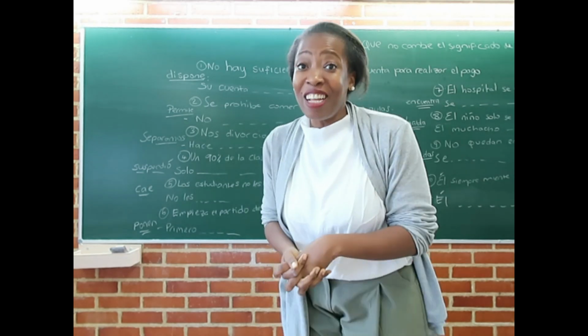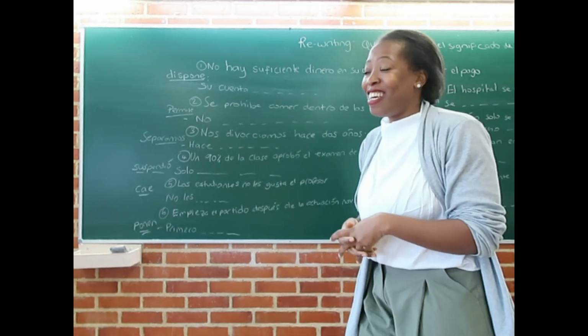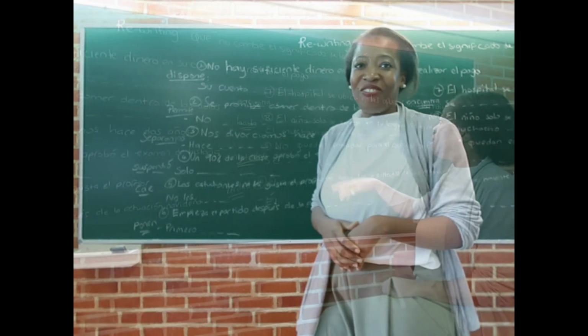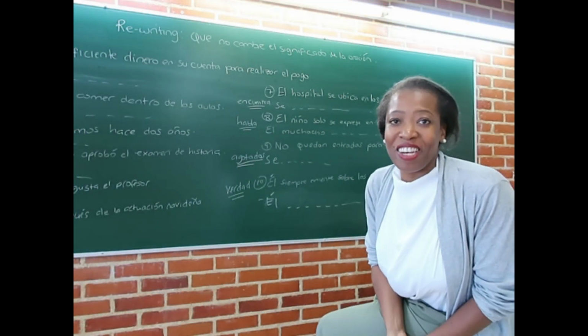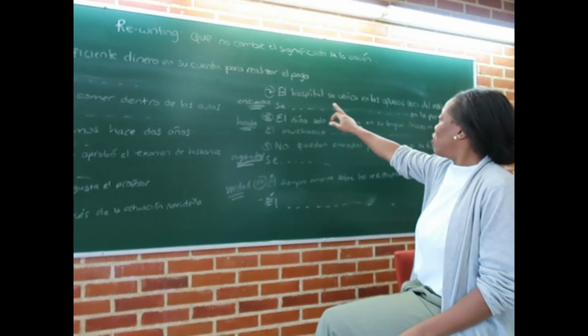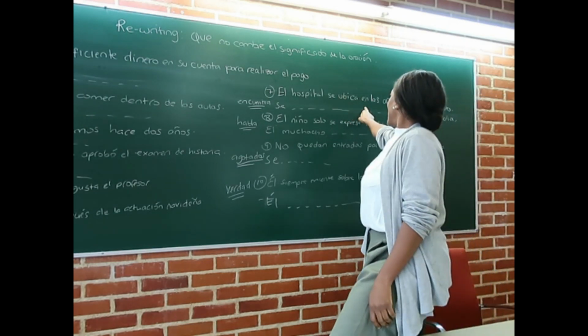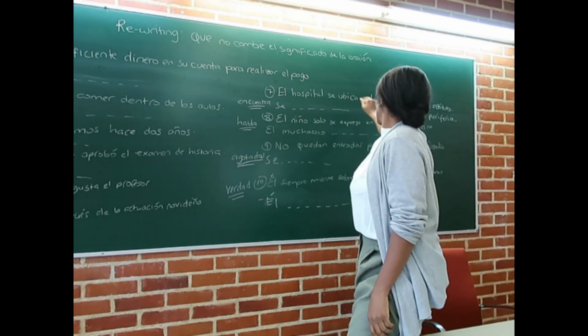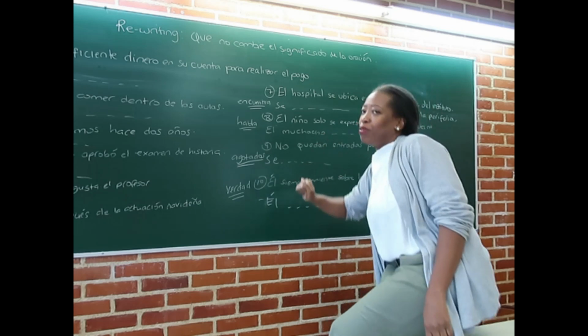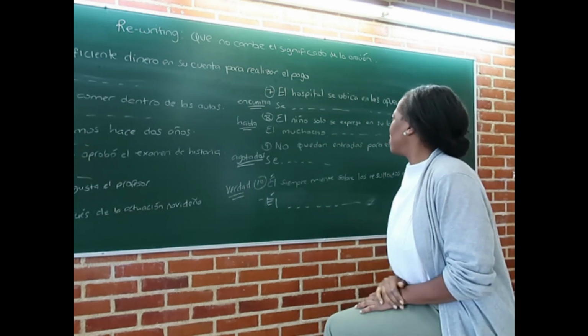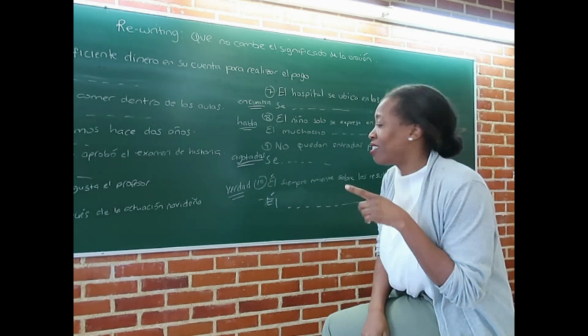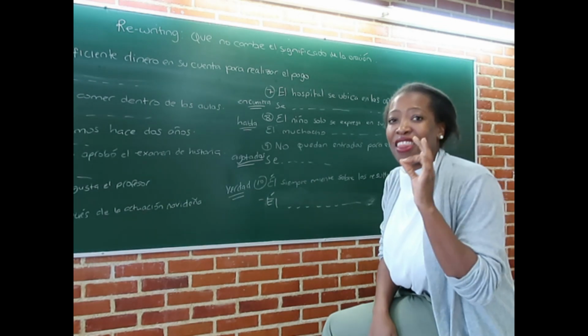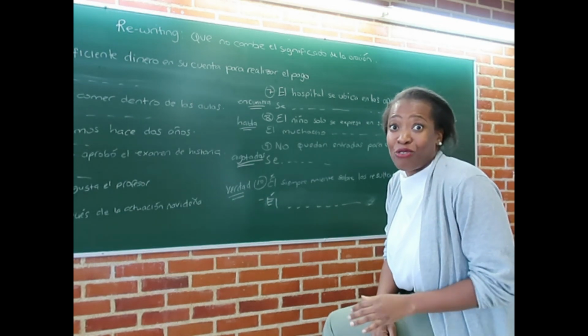Now let's move over to the other side to do the others. So number 7, we have el hospital se ubica en las afueras cerca del instituto. So the hospital is on the outskirts near the school, near the secondary school.